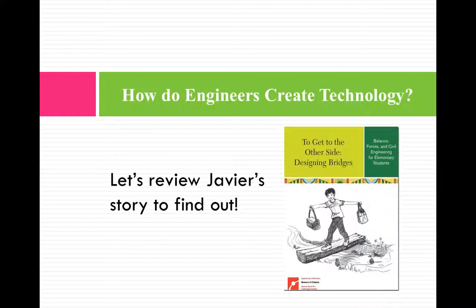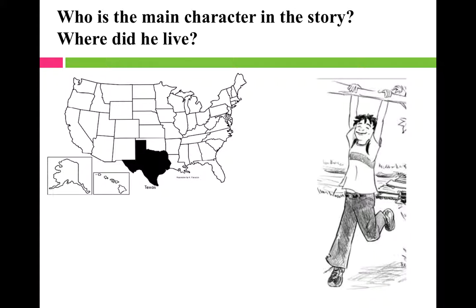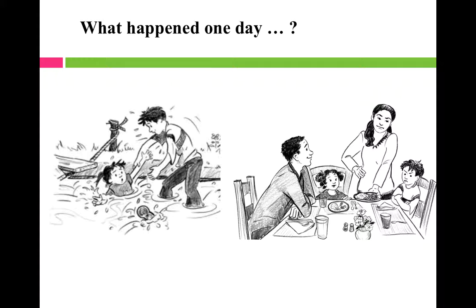Then the question is how engineers create technology, and now we come to the story. There is a kid called Javier, and he's trying to cross a stream. Well, he needs a way to get to the other side of the stream. And the story itself happens in Texas. And the kids would have read the story already. You are free to read it as well. The online Dropbox folder has the story or a condensed version of it that you can read.